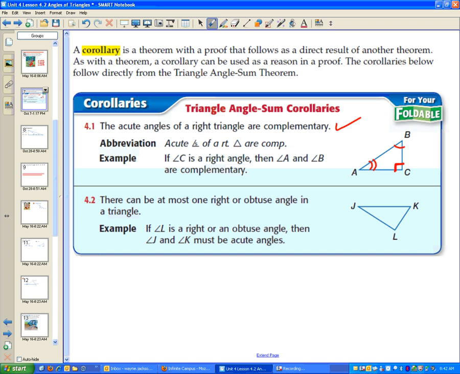And then what if there's one right and one obtuse? Well, it's like playing 21. You already busted, didn't you? You're already over 180. Your third angle can't be negative. Okay? 2 obtuse angles. You busted. The third angle can't be negative. So there can be at most one right angle or one obtuse angle in a triangle.